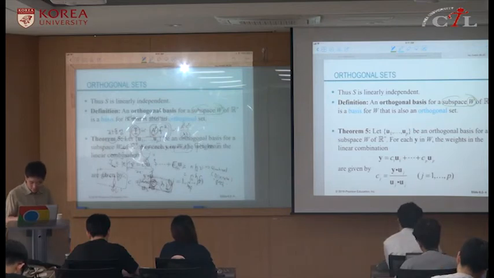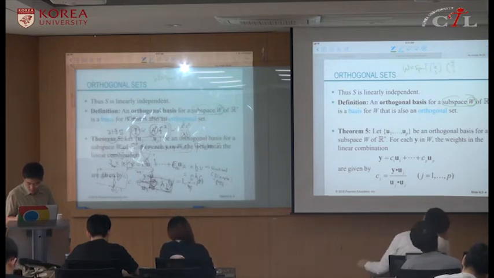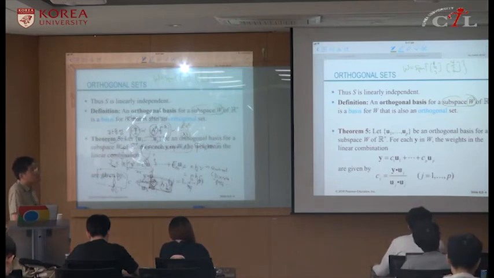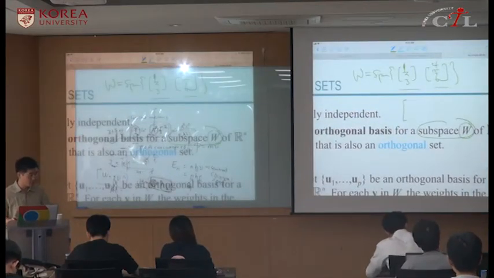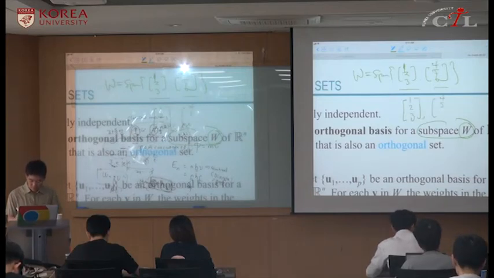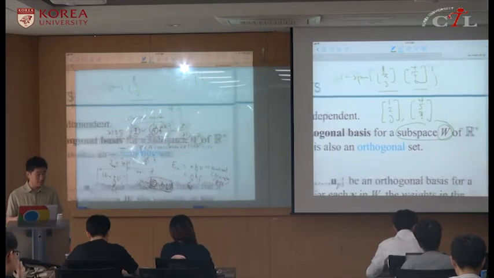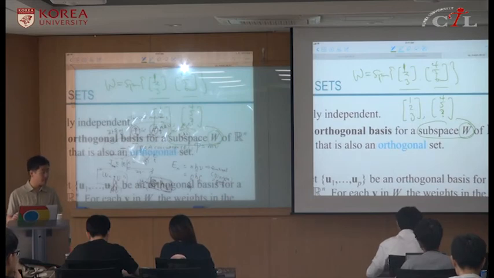For example, W is the span of (1, 2, 3) and (4, 5, 6), and these two vectors are linearly independent, and thus the basis of the subspace is just these two vectors. And what about when the basis vectors are orthogonal? For example, (1, 2, 3) and then (4, 5, what?). So what is this value? It is just the value that makes the inner product between these two as 0, right?